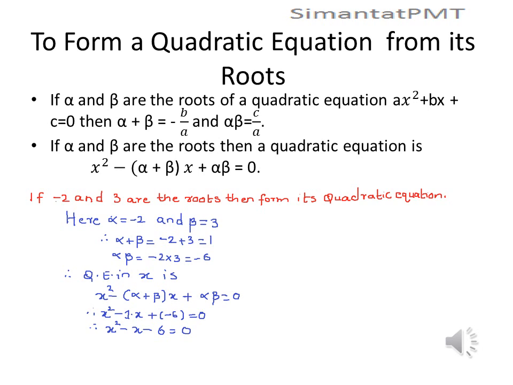So quadratic equation in x is x square minus bracket alpha plus beta into x plus alpha beta equal to 0. Alpha plus beta we found as 1. So we substitute that value and we substitute the value for alpha beta. So the equation becomes x square minus x minus 6 equal to 0.